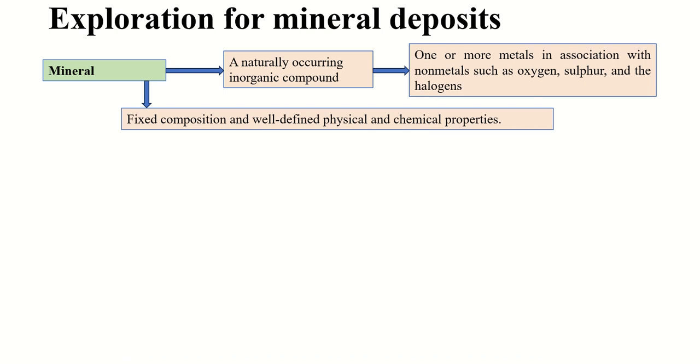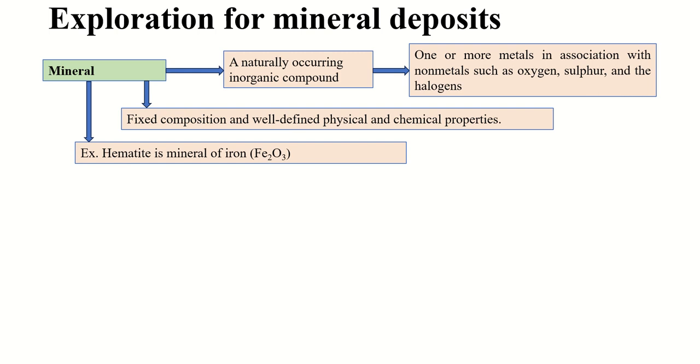Minerals also have fixed compositions and well defined physical and chemical properties. For example, hematite is the mineral of iron which has the chemical formula Fe2O3. So this has a fixed composition.